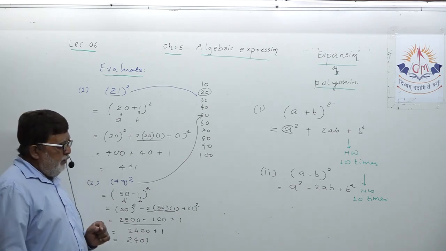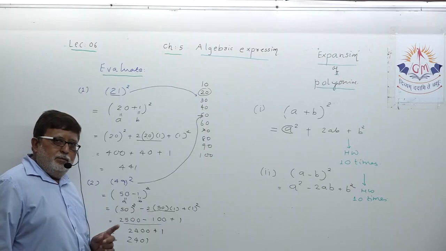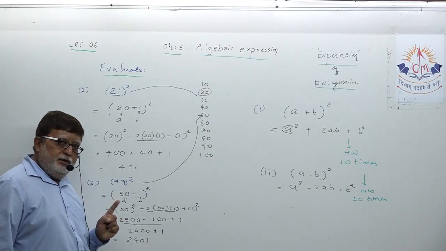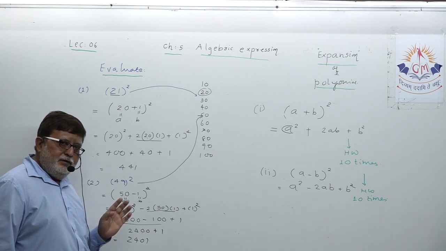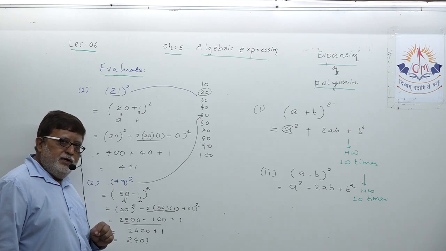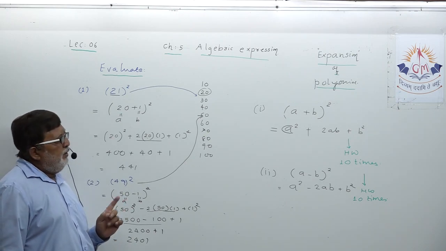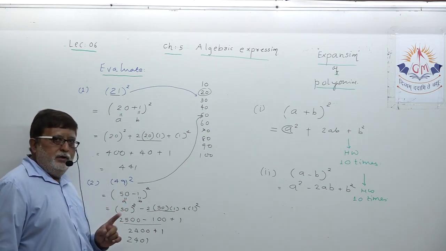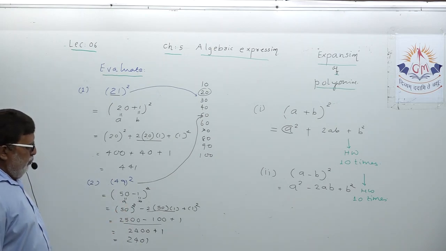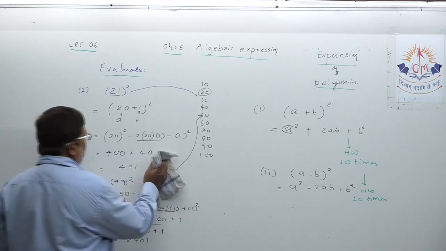Here 21 square, because that number is nearer to 20 rather than 10 and 30, I have written 20 plus 1. 49 is nearer to 50 rather than 40 and 60, so I have written 50 minus 1 whole square.